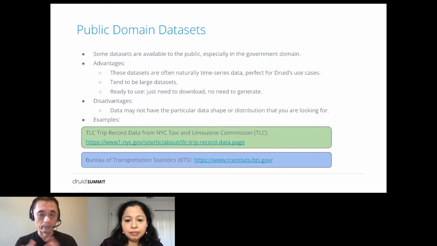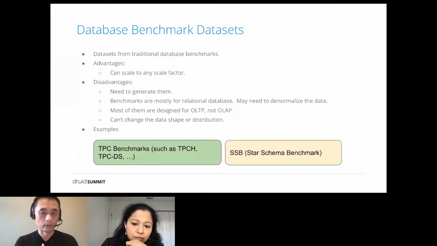Everybody has heard of them, or the newer ones like SSB, the Star Schema Benchmark, which branched out from TPC-H. These traditional database benchmarks often come with queries and also come with data, which is also nice for testing your software. Again, advantages and disadvantages.